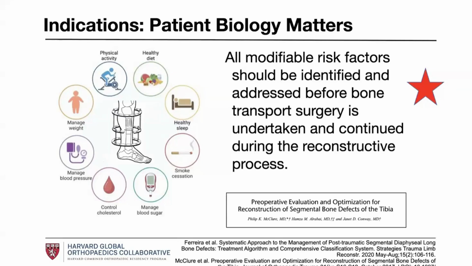And this is a very key point. This is one of the things that everyone needs to look at prior to undertaking a bone transport. The McPherson classification allows us to break those things down, look at them in a modifiable or non-modifiable way, and then optimize our patient prior to performing the bone transport and reconstructive process.